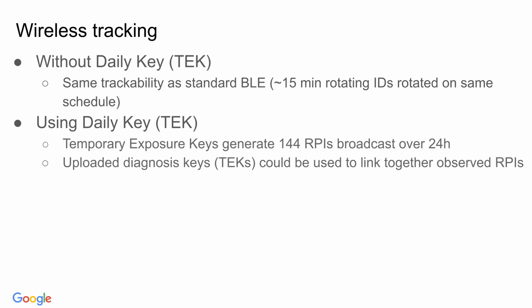As I mentioned, the seed that's used to generate the RPIs does tie together for users who have reported as COVID positive. It does tie together the RPIs that are generated or emitted over a period of 24 hours.